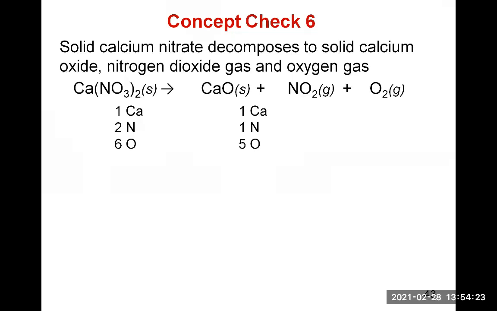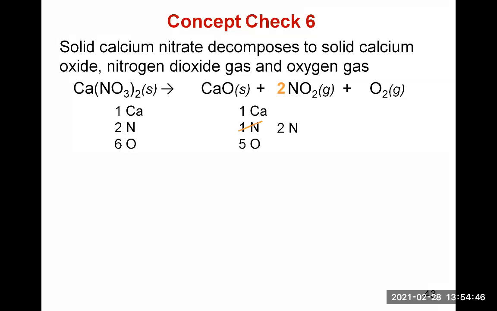So the calciums are balanced, so let's balance the nitrogen. We have 2 nitrogen on the left, let's make it 2 on the right. And for this, we will want to make a coefficient of 2 in front of NO2, because that's the molecule that has the nitrogen. So then now we have 2 nitrogens on the right. So that balances the nitrogen, the calcium are still balanced.